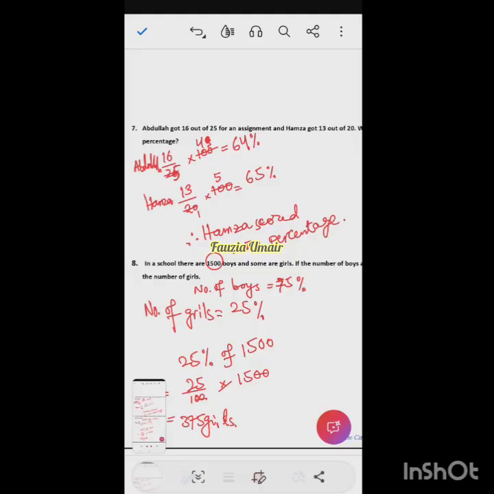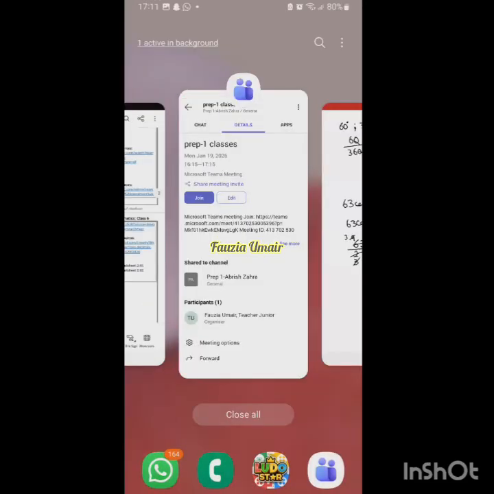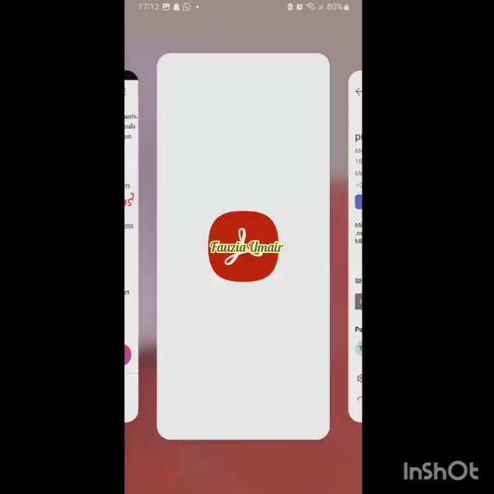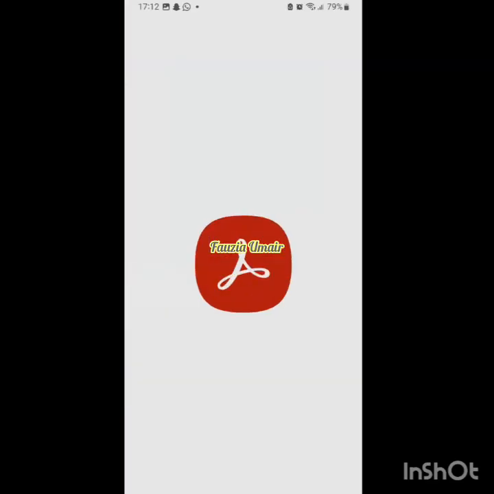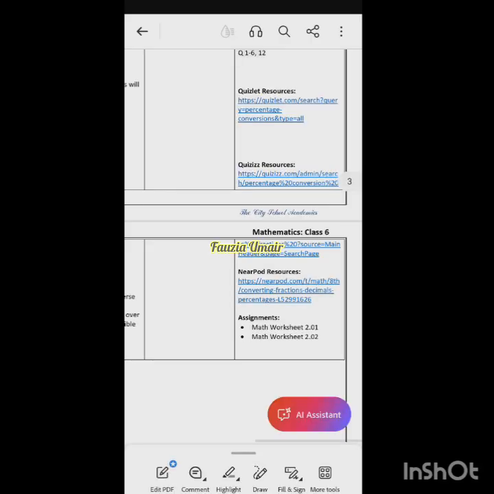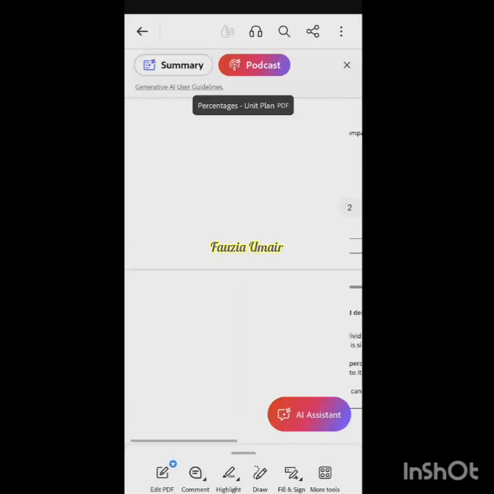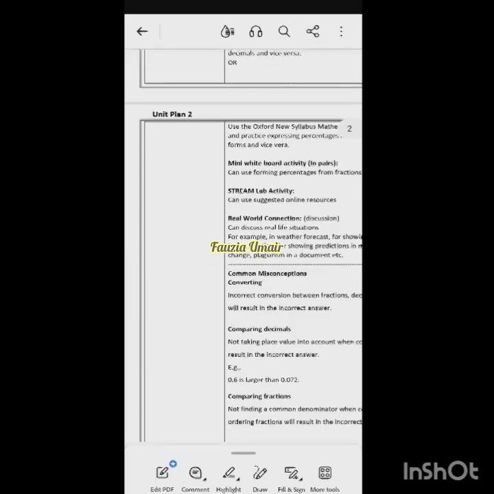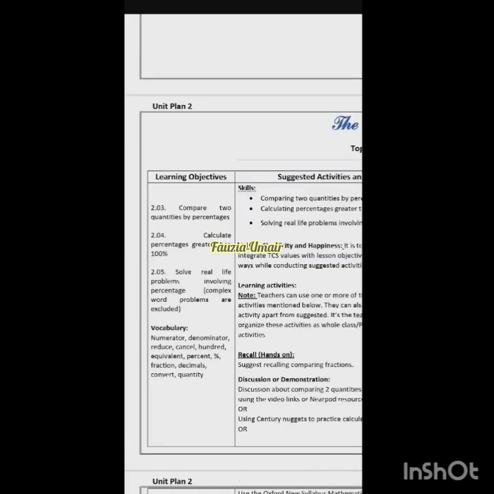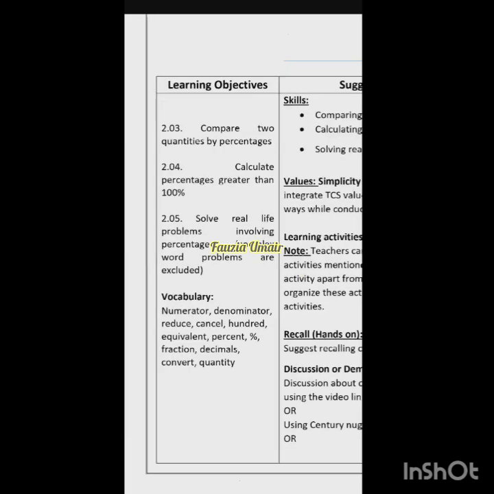All right, that's great. So now we can move on. We can see what the next objective is, because we have done this already. The third learning objective is to compare two quantities by percentage, which we have done right now.